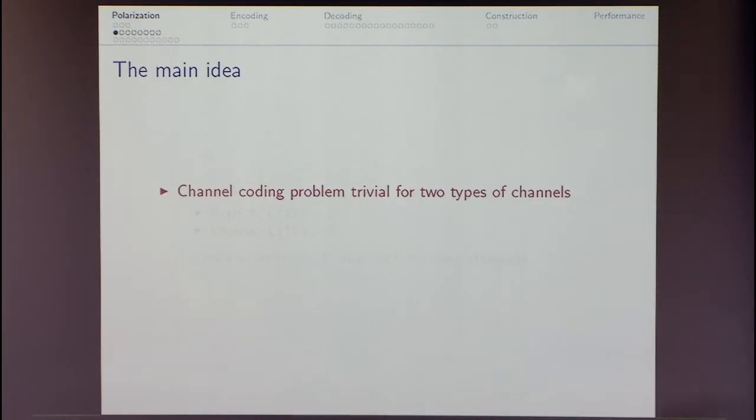Now the basic idea in polarization, this is another way of looking at it, is the following. Rather than trying to design a code, try to modify the channel so that coding is easy. There are two types of channels for which the channel coding problem is trivial. One is perfect channels.